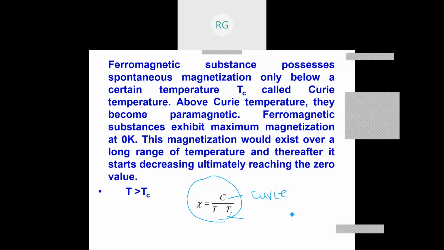What actually happens is that below Curie temperature, T less than Tc, these spins are oriented in the same direction like this. If I increase the temperature, these aligned ones get randomized and go in different directions. Therefore, when T is increased beyond Tc, they lose ferromagnetic nature and become paramagnetic.